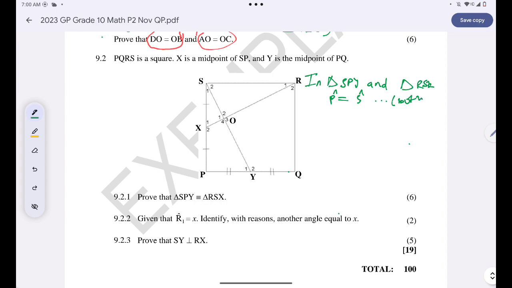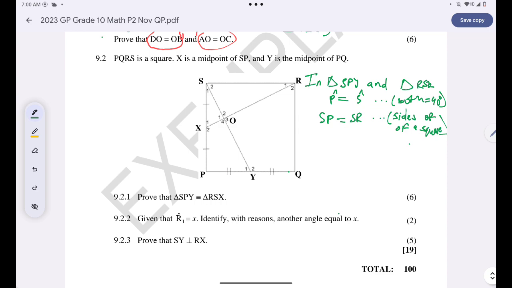Both angles are equal to 90 degrees. Are you together? And then I know that SP will be the same as SR. These are sides of a square. They are equal in length.